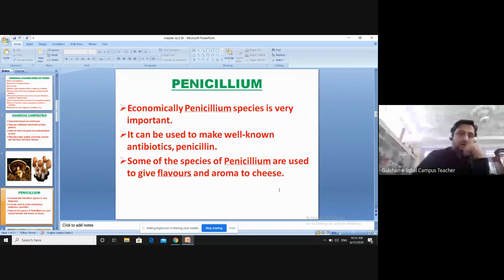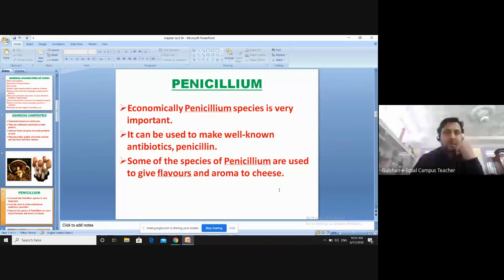Penicillium. Penicillium is, again, a very important species of fungus. Economically, it is very important. Economically means that this product can give you a lot of things. Like for example, a well-known antibiotic known as penicillin is made from this, and you can say that this fungus is the organism from which the first antibiotic was made.